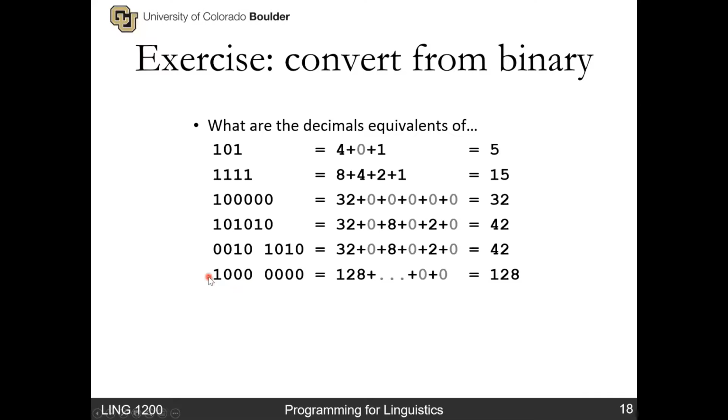Anyway, let's do that again. 1, 2, 4, 8, 16, 32, 64, and 1. Or, with 8 positions, we know that this position is 2 to the 8th, which is 128. And so 1 followed by 7 zeros is 128.